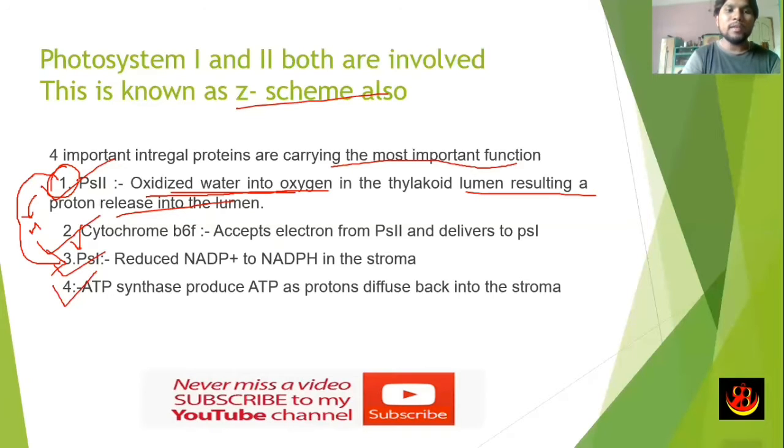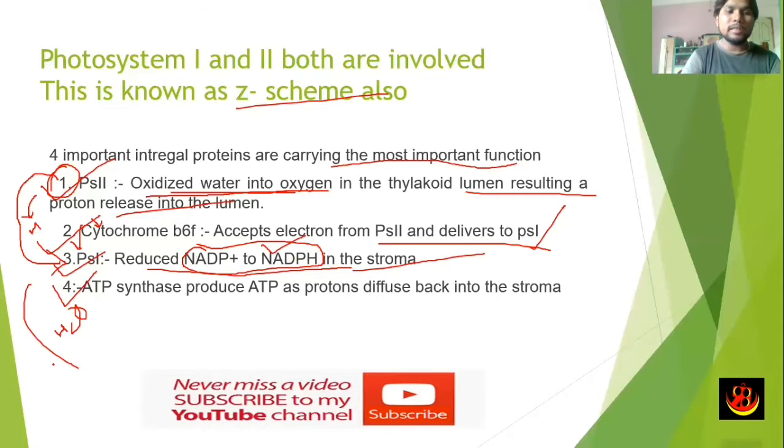From PS2 the electron comes to PS1 via the cytochrome B6F complex. So PS2 gives the electron to the cytochrome B6F complex, which is also an integral membrane protein, and it delivers the electron to PS1, that is photosystem 1. Now this photosystem 1 reduces NADP positive to NADPH. This is the last electron receiver, and water is the electron donor. NADP positive receives the electron and is converted into NADPH in the stroma.